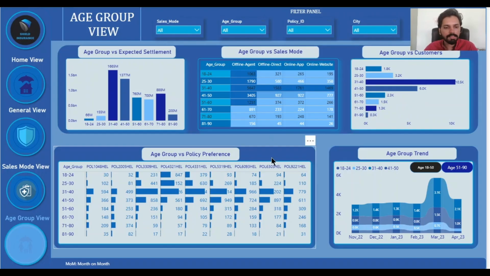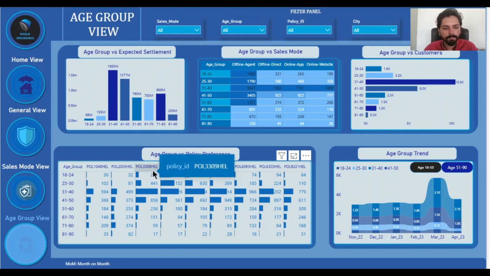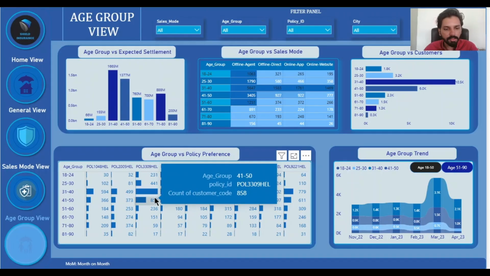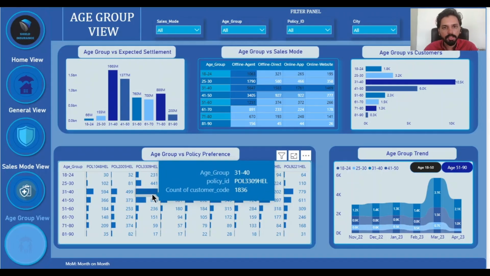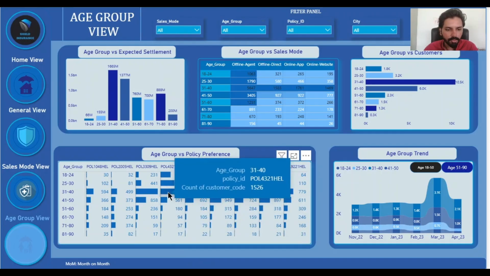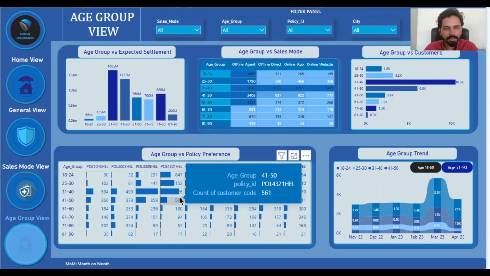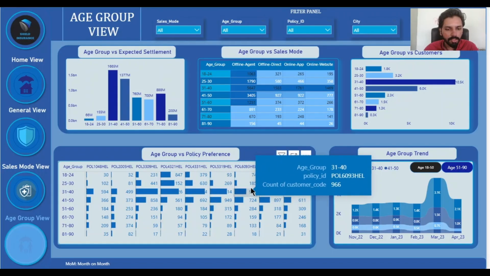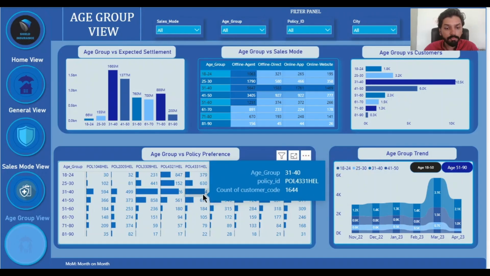Now let's understand the age group versus policy preference. Which policy is mostly preferred by different age groups? Based on this table, we can clearly see that the policy ID 3309 is mostly preferred among the age group 31 to 40. The second highest preference is policy 4321, and also policy 4331.